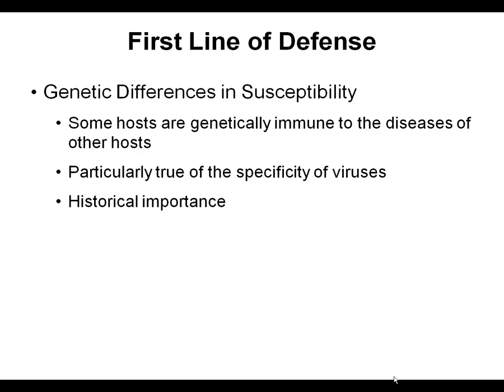This does have some historical importance in that this genetic immunity has allowed certain people to survive in certain geographical areas, which has allowed some populations to increase and other populations to decrease. So it has some selective ability to allow populations to thrive in the environments they live in.